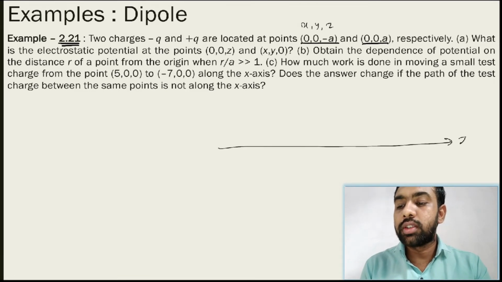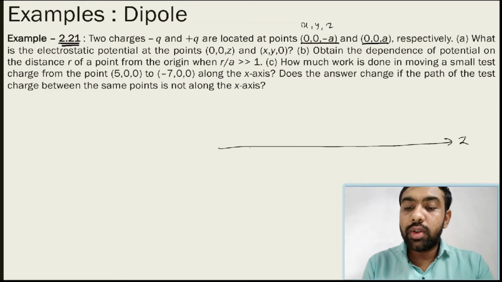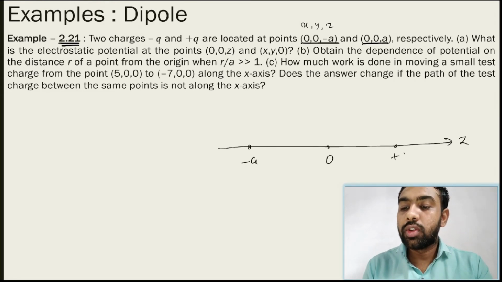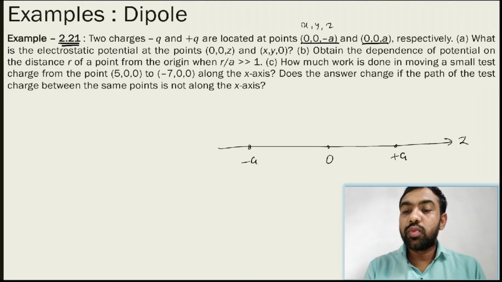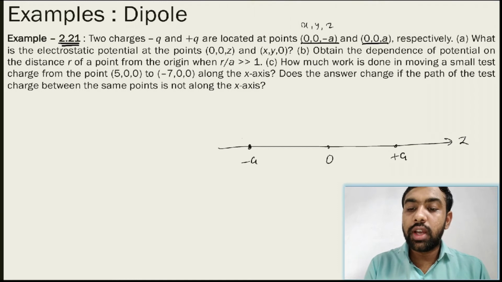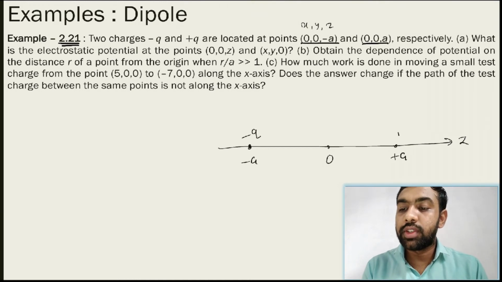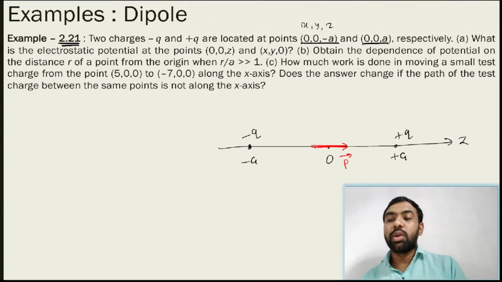Here you consider minus a and plus a. So at minus a minus q is placed, and at plus a plus q is placed. So the dipole moment is given like this, from minus q to plus q, this is the dipole moment.